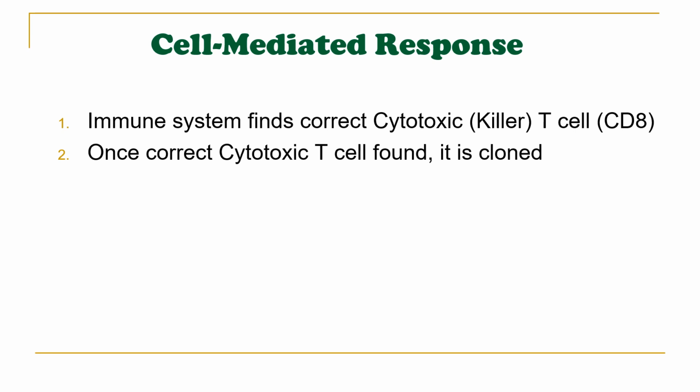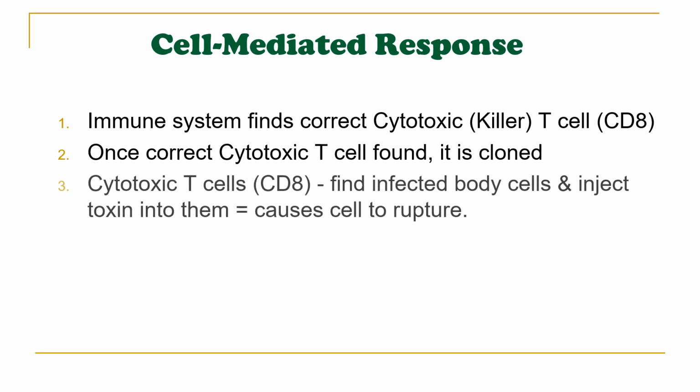Long story short, it's a really hard journey to find the right one cell, but once it's found, it's cloned. Then the job of the cytotoxic T cell, or the CD8 cell, is to find infected body cells and inject toxin into them, causing the cells to rupture and explode.